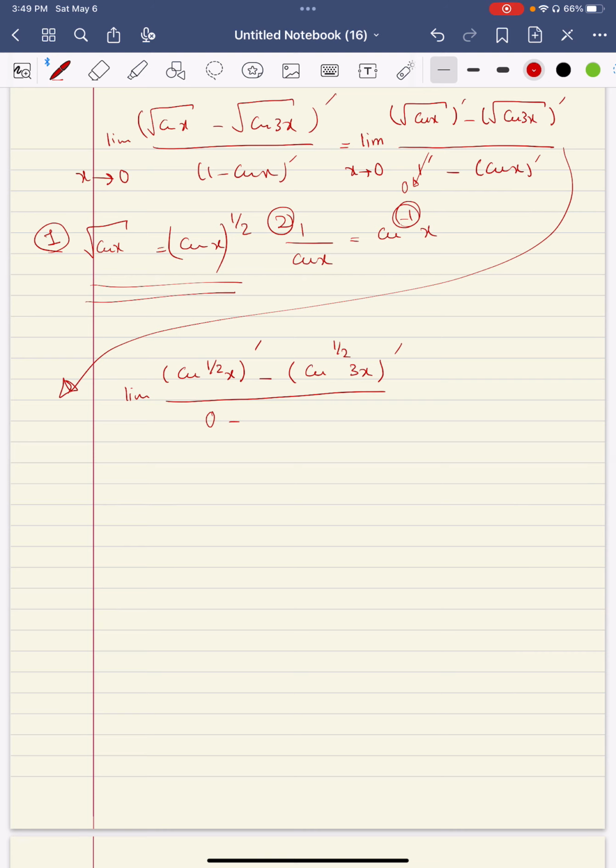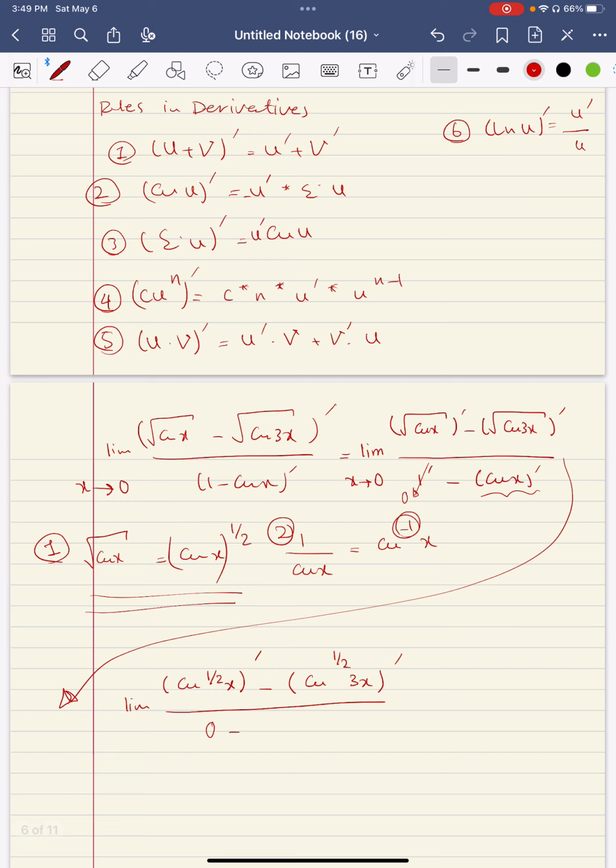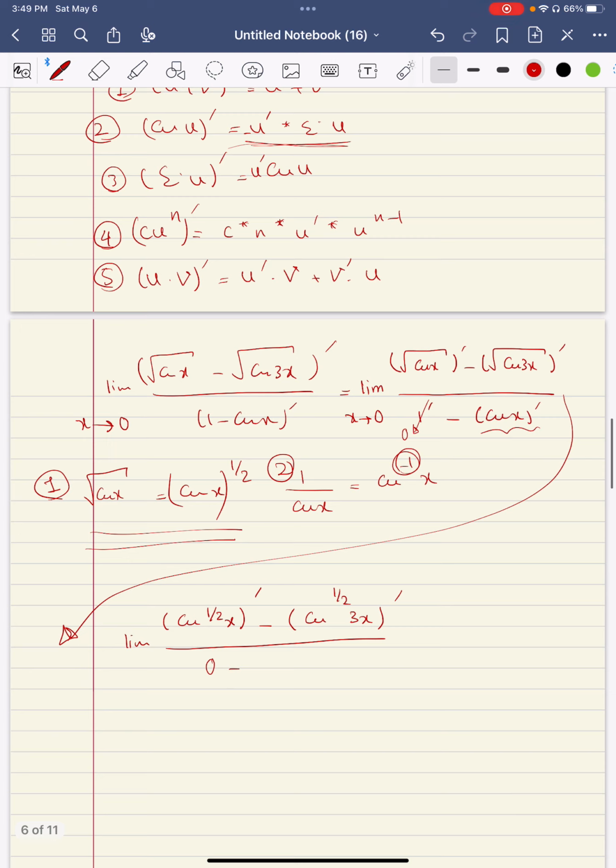So 0 minus cosine prime is going to be based on this formula, negative u prime or x prime times sine u.